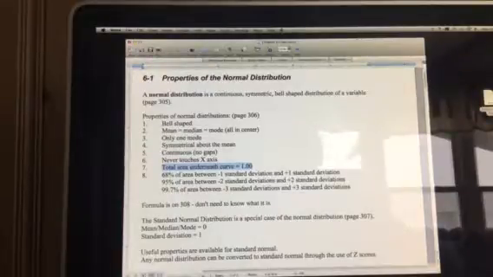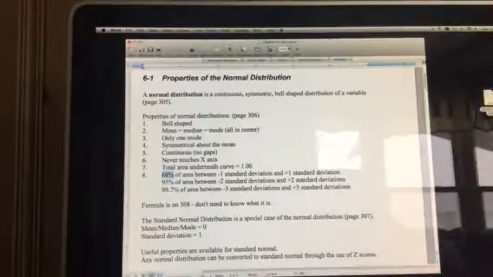Now, number 8 is an important set of relationships for this distribution. If you go from that center line, go 1 standard deviation to the left, so -1, and 1 standard deviation to the right, so you look at the center 2 standard deviations, that will contain 68% of the area.